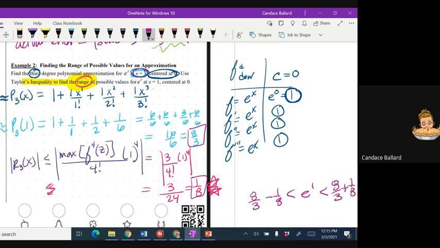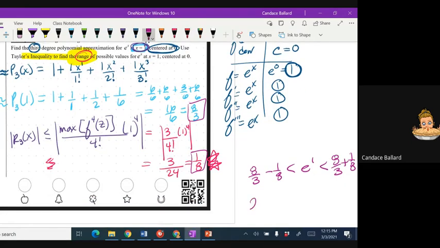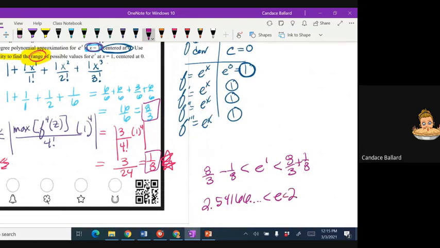If I hit my magical calculator button, I got 2.541666666 repeating, and then 2.791666666.